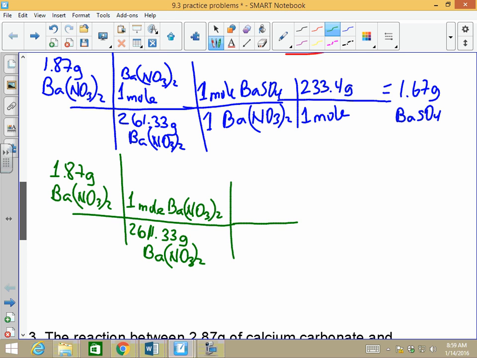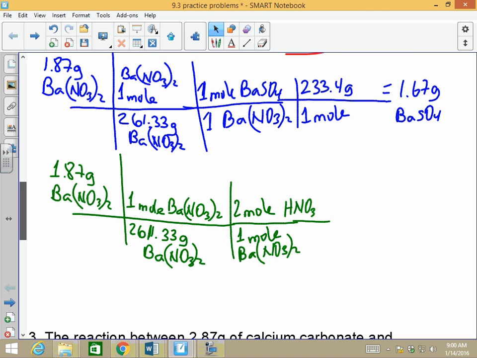I go to the molar ratio, and I get 1 mole of BaNO3 2. According to the balanced equation, I get 2 moles of HNO3. Let me go back a little and match this.